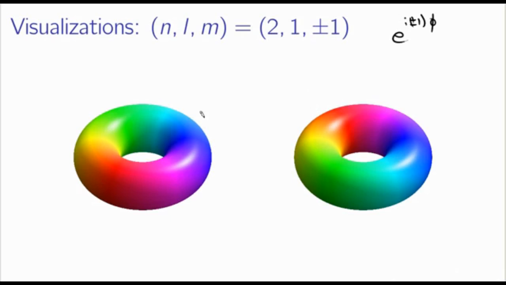And the fact that the colors are different here indicates that the sign of the evolution of phi is different. For instance, here we go Roy G. Biv, red, orange, yellow, green, blue, violet, around clockwise, whereas here we go red, orange, yellow, green, blue, violet, around counterclockwise. So the direction of our evolution of phi here is opposite.